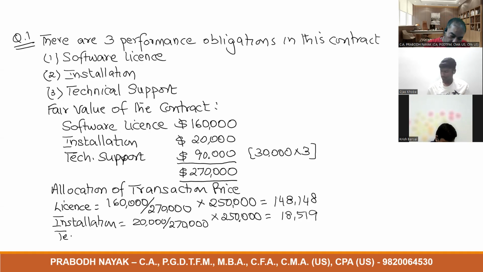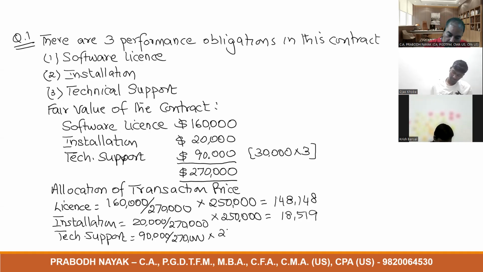And technical support. 90,000 upon 2,70,000 into 2,50,000. So 83,333. This should total to 2,50,000.